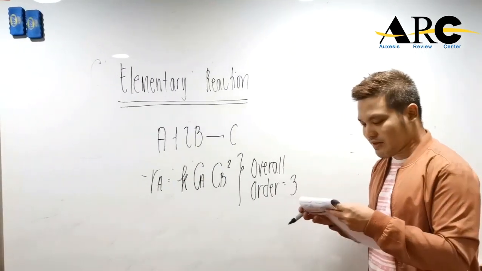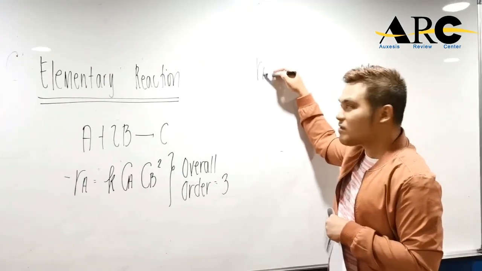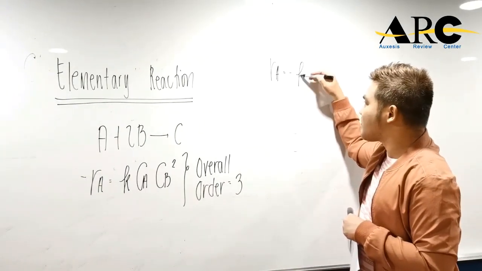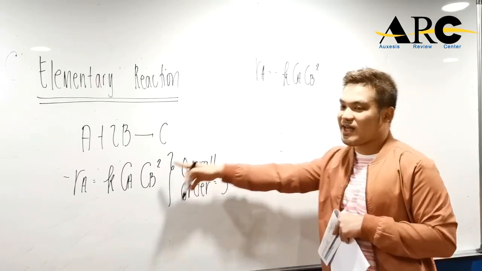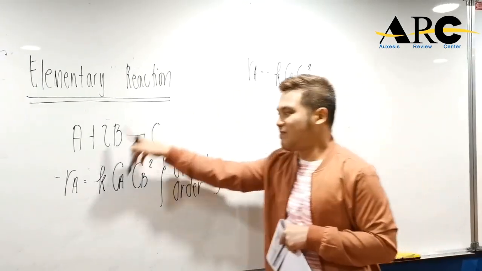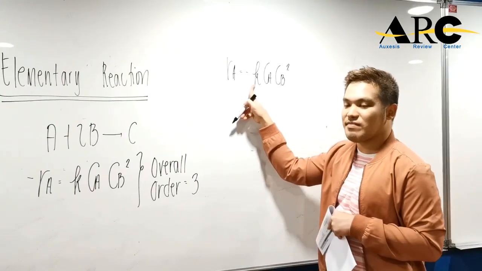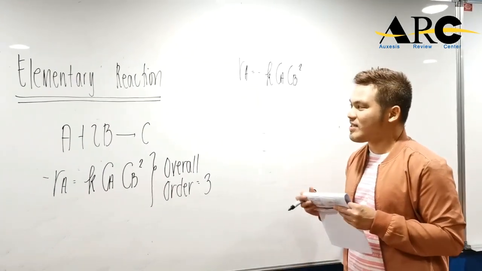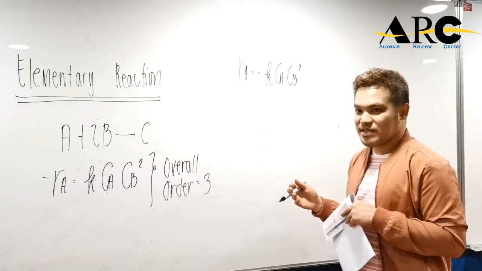Balik tayo sa tanong sa number 6. Given tayo ng RA, which is equal to negative k CA CB squared. Instead na negative RA, ginawa natin RA, pero yung negative ni negative RA, nilipat natin kay negative k. Paano daw natin i-relate si A at si B?